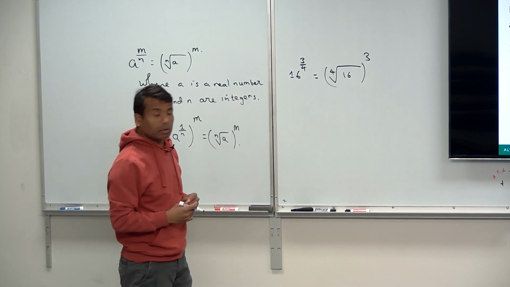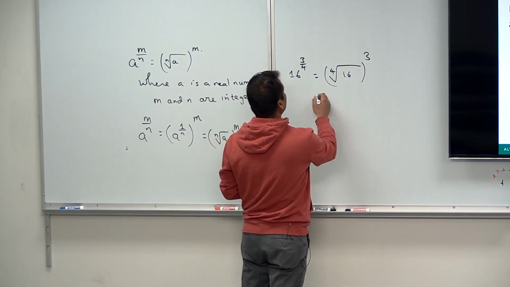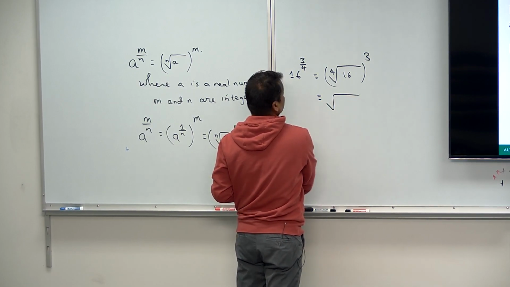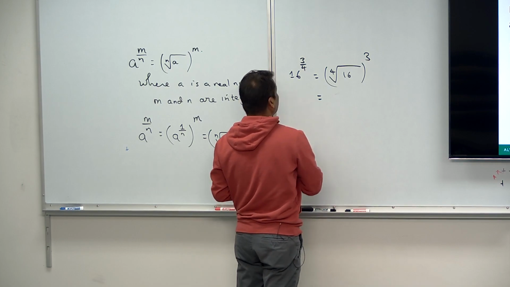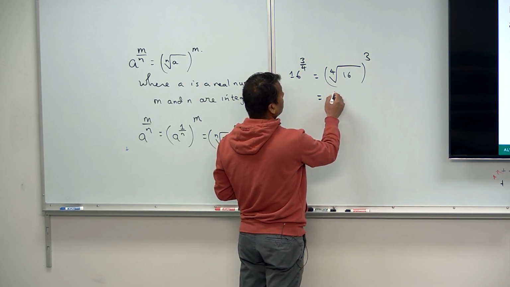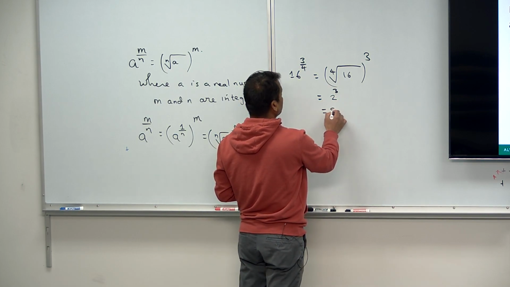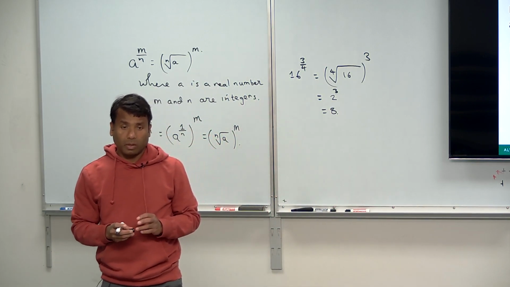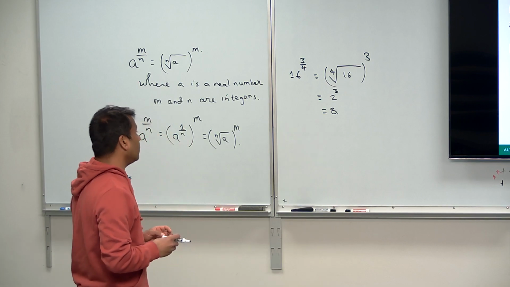So what is the 4th root of 16? The 4th root of 16 is 2. So this is 2 to the power 3, which is equal to 8. Right, 2 to the power 3 equals 8.